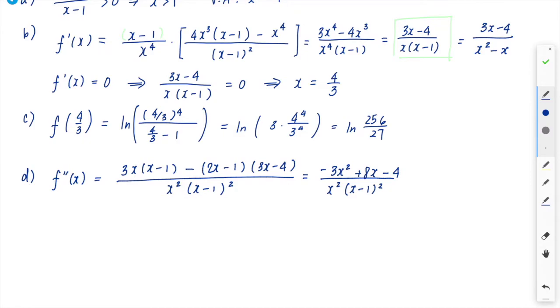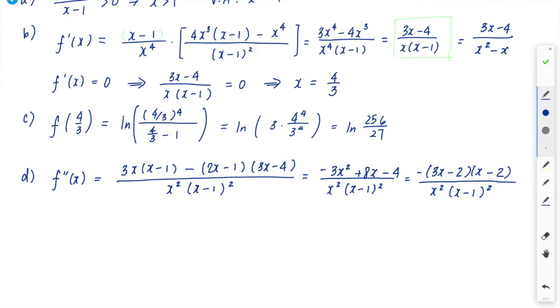X squared, x minus 1 squared. Can this be factored? Well, if I factor out the negative sign from the top, I have 3x squared minus 8x plus 4. I think so. I think this can be factored into 3x, x here, positive 4. I can get 2 and 2. Then 6 and 2. Yeah, if I minus, negative 6, negative 2 is negative 8. Good, works. Okay. X squared, x minus 1 squared.